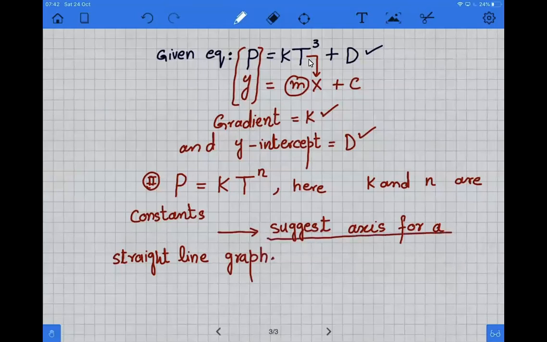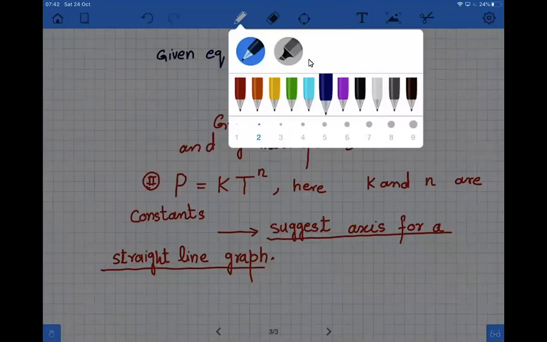Now, the answer to this part is, whenever you have a variable in the power, you have to take log or natural log. So you must know that this is a rule.